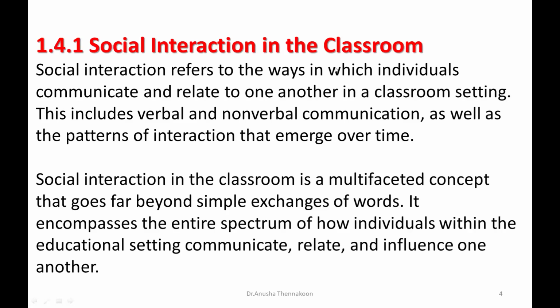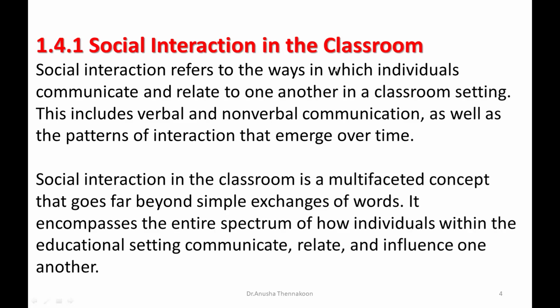We are not going out of the classroom setting. This interaction includes verbal and non-verbal communication. I hope you are aware we have two types of communication, one is verbal, the other is non-verbal. Sometimes non-verbal communication is more powerful than verbal communication.